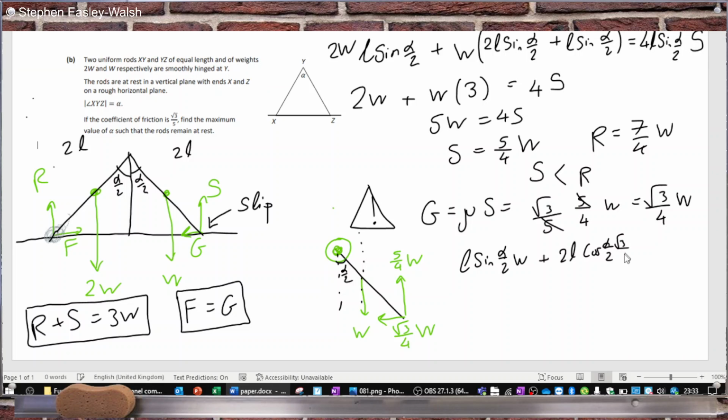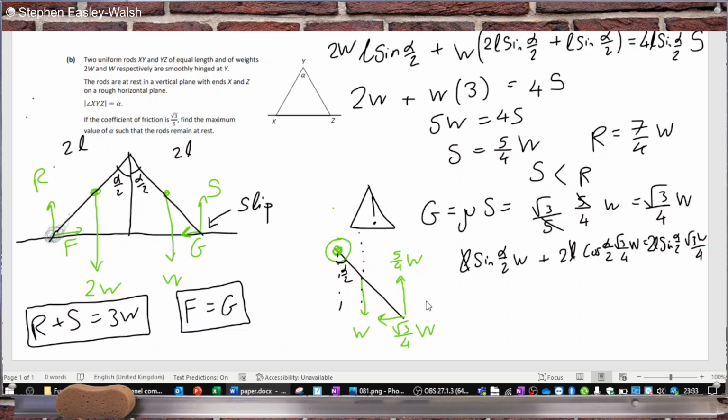root 3 over 4W equals this distance here, that one's the cos, 2L sine alpha over 2 root 3W over 4. So I can cancel the L's and I can cancel the sines. Well, actually I won't cancel the sines.